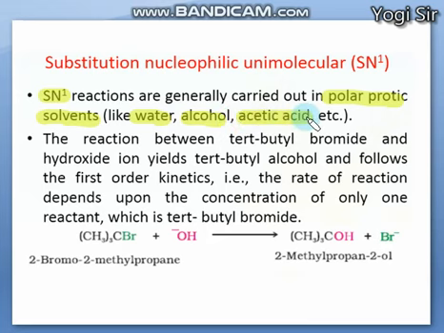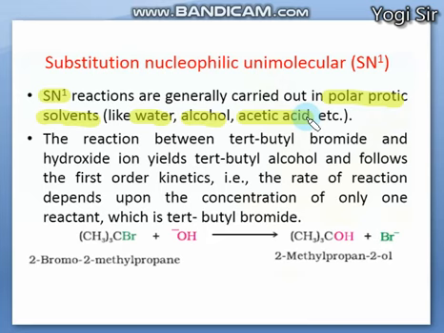If you remember, in our previous session we discussed solvents for the SN2 reaction, and SN2 was carried out in the presence of aprotic solvents, meaning those solvents which do not release H plus or protons.